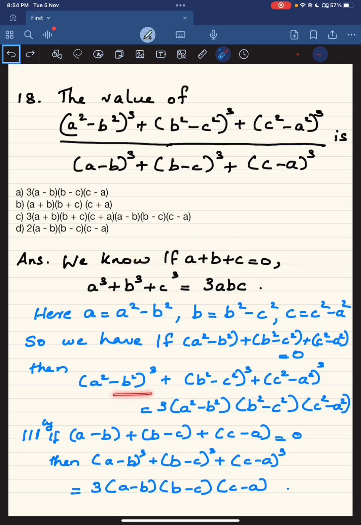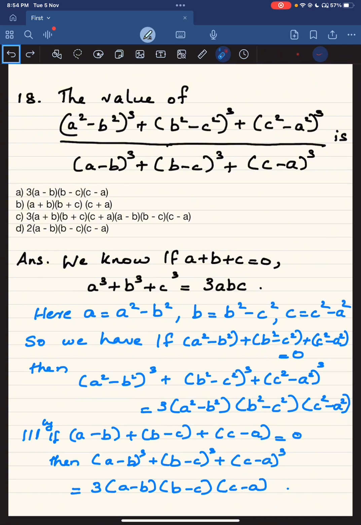So we got 3 into a means a square minus b square, b means b square minus c square, c means c square minus a square.